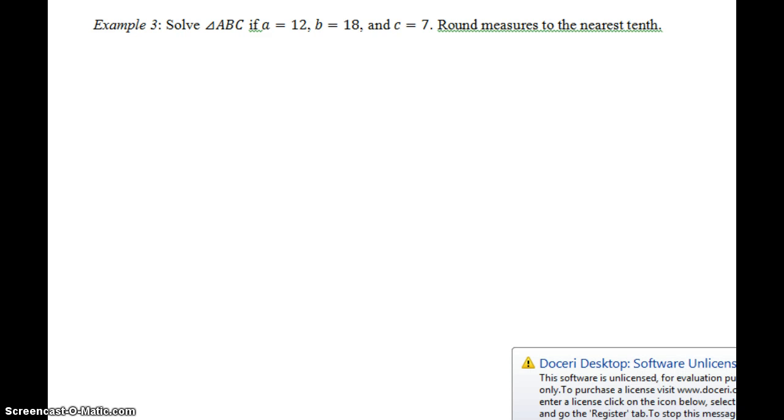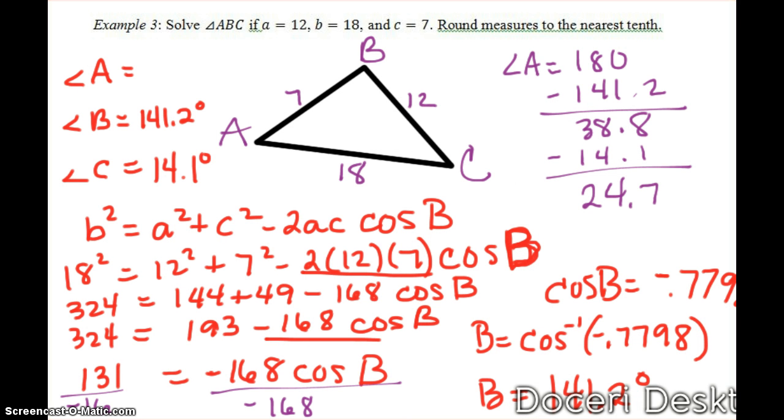So when I subtract 38.8 minus 14.1, I get 24.7. And that's the measure of angle A.